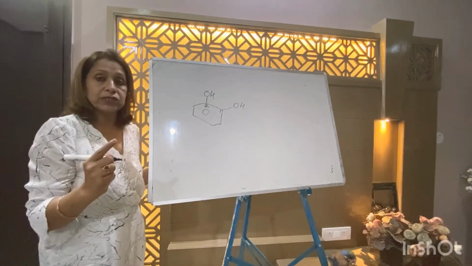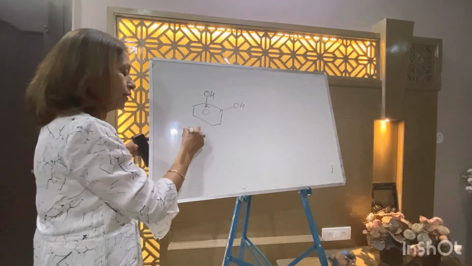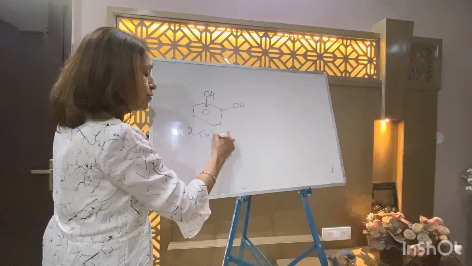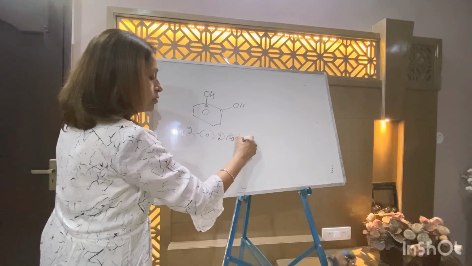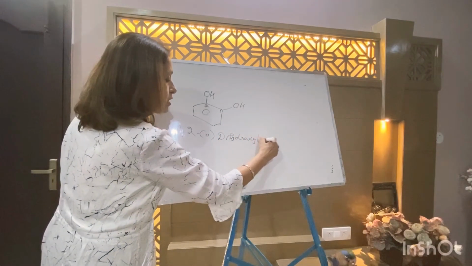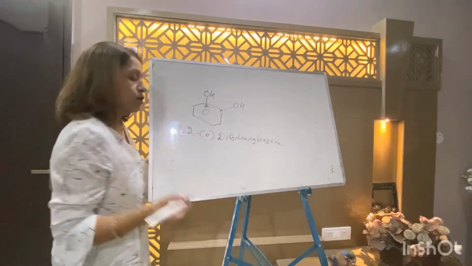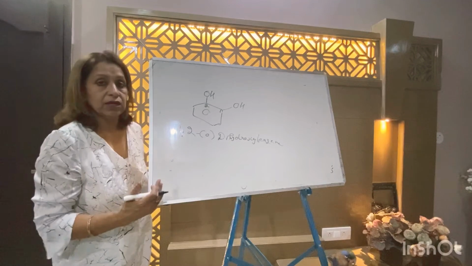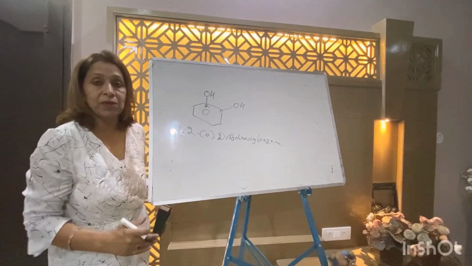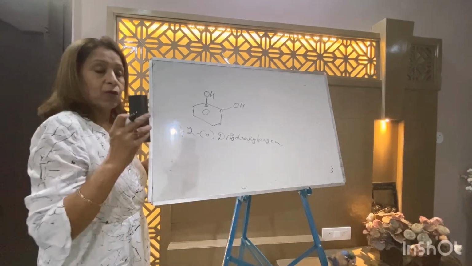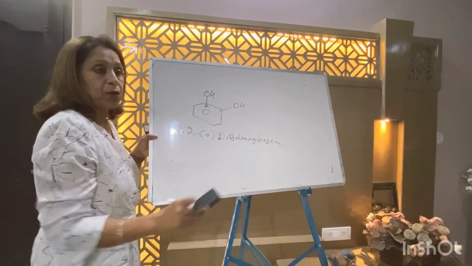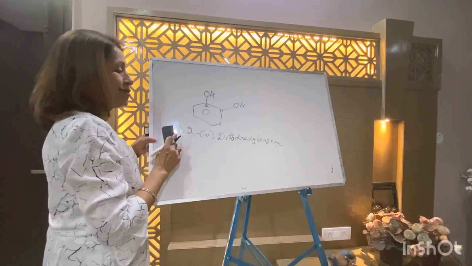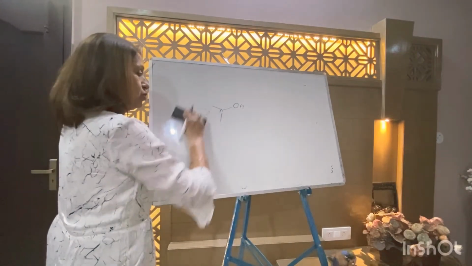Because of 2 OH groups, it's 1, 2, or you could write ortho, dihydroxybenzene. So I am taking the basics of nomenclature today, and the detail of NCERT, a very important part, I will take in my next lecture. Today I will complete all the basics. So it's 1, 2 dihydroxybenzene.